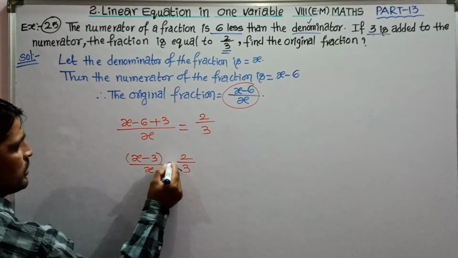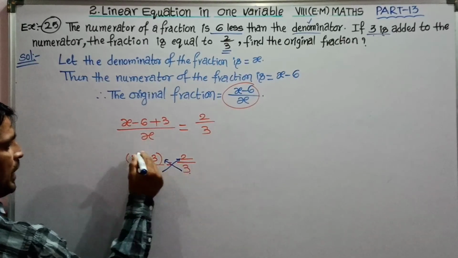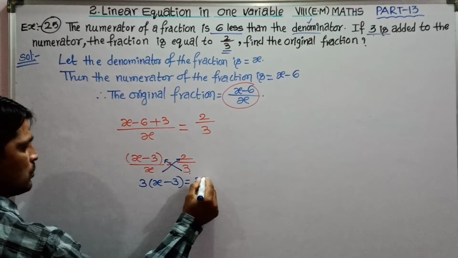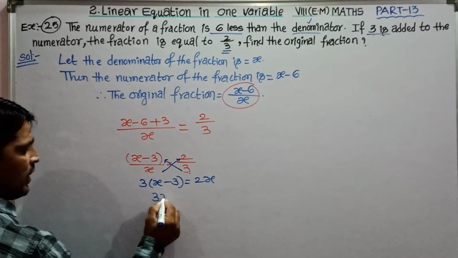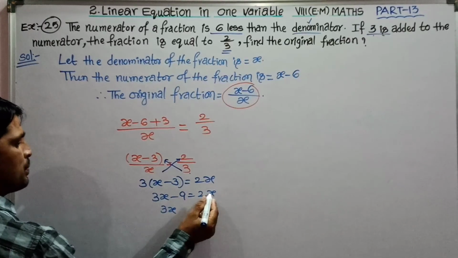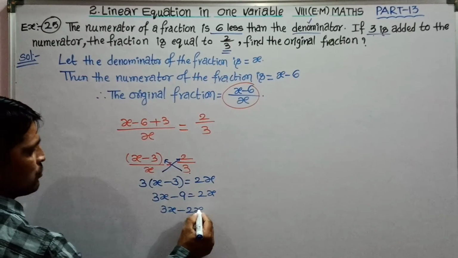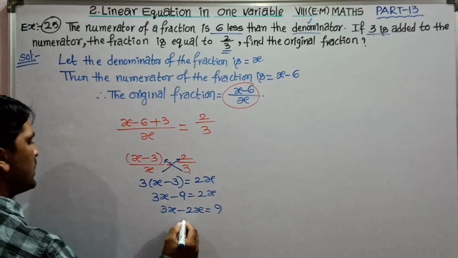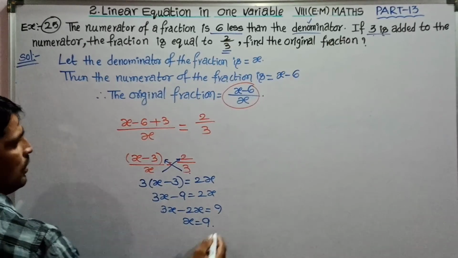Consider the cross product. 3 times x minus 3 equal to 2 times x, 2x. Distribute: 3x minus 9 equal to 2x. Transposing 2x to the LHS, we get minus 2x, and transposing minus 9 to the RHS, we get plus 9. 3x minus 2x, that is x, equal to 9.